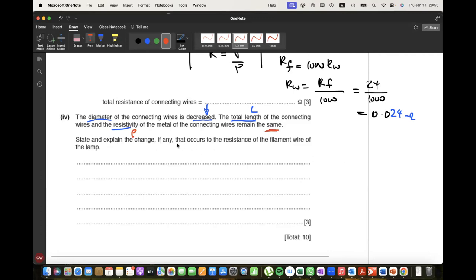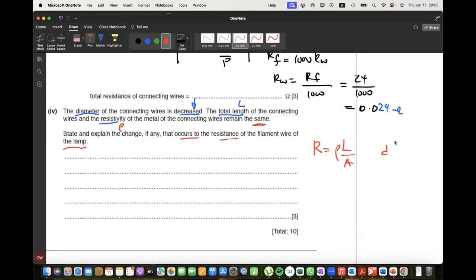Explain, if any, what occurs to the resistance of the filament of the lamp. Okay, so we come back to the formula. You should know we need to apply R equals rho L over A. Diameter decreases. So what happened now? Diameter.